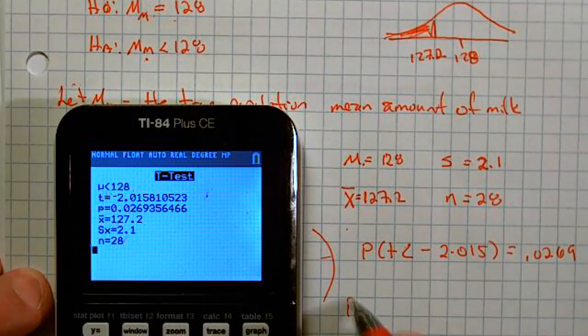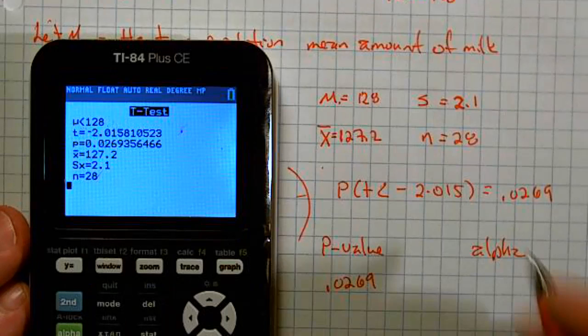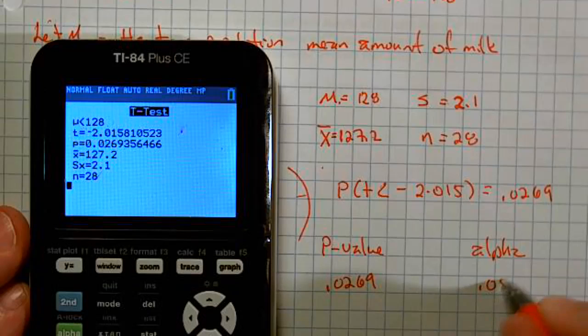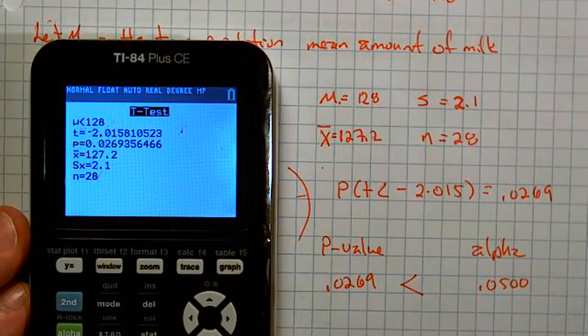So here's my p-value. Here's my alpha. P-value 0.0269. Alpha 0.0500. So this is less than, so we reject the null.